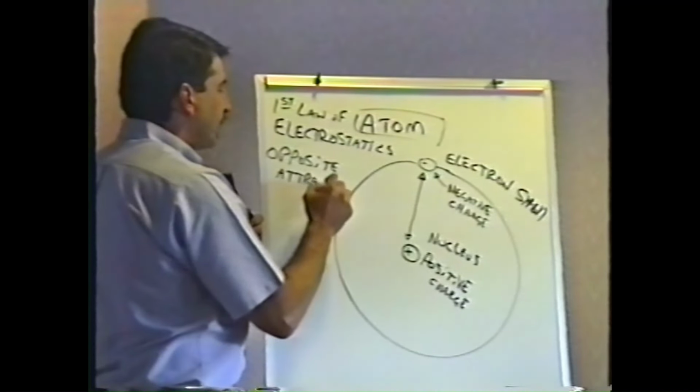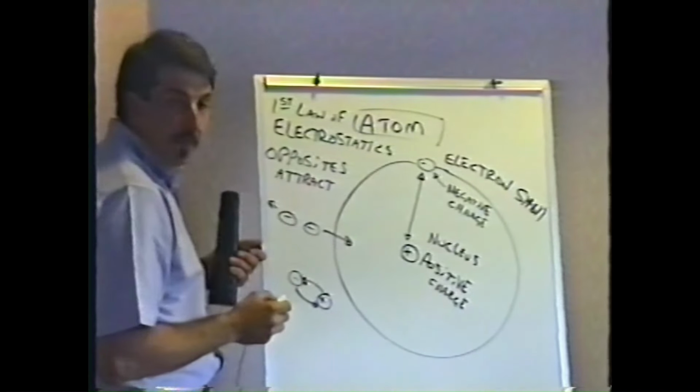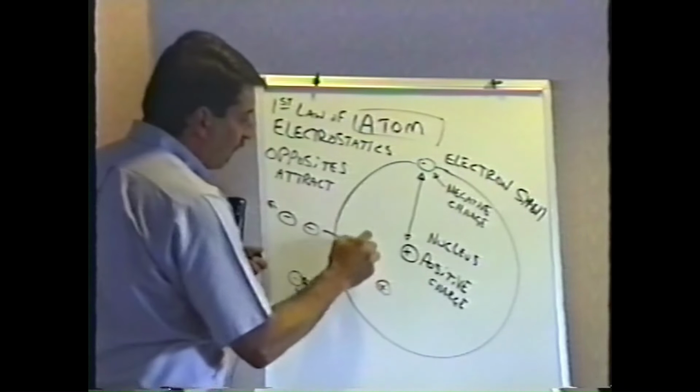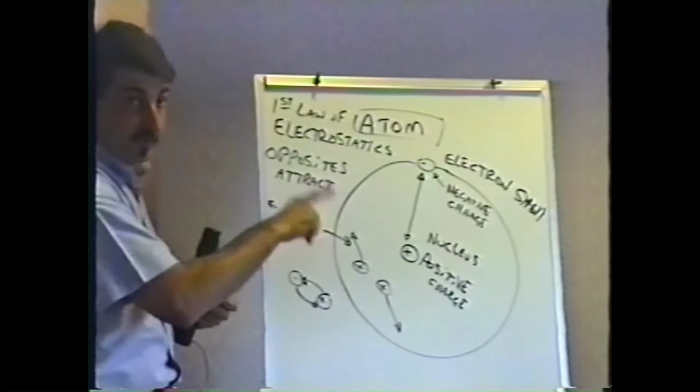If I try to put two north poles together or two south poles of a magnet, they will repel each other. Same thing with electricity. If I try to put, let's say, two negative charges next to each other, instead of attracting, they'll repel each other. Same thing, if I try to put two positive charges together, they will repel each other. They won't attract. And we'll talk more about this as we go through the class.